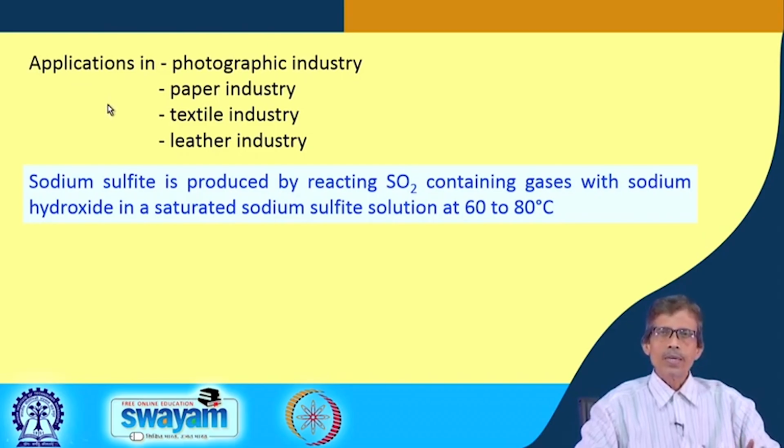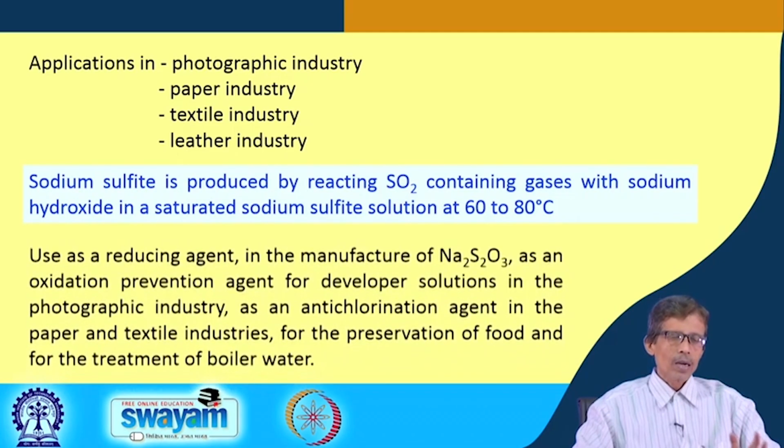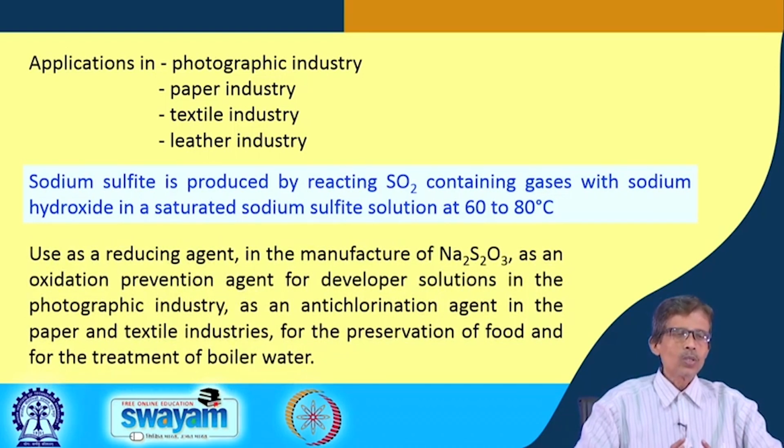Whatever sulfur dioxide you have, you can get it by burning sulfur, and that sulfur dioxide can be converted to the typical sodium sulfite, which is a very useful reducing agent in all industrially available reactions where we use it.